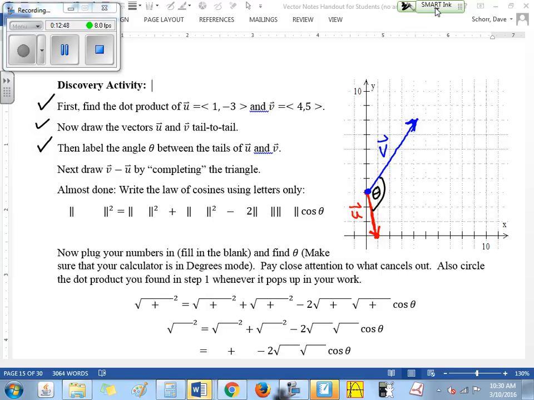Do you guys remember when we did our first geometric addition method and I had you draw a parallelogram? Remember that? Okay, let's do that again real quick. Put your pen at the head of v. Go right 1 and down 3.